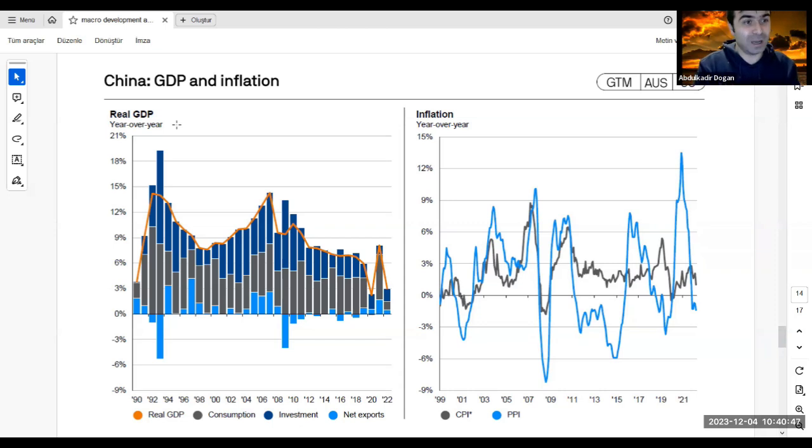This is huge, and this is a marvelous economy. For that reason, as you see, the orange line here shows the real GDP process for the Chinese economy, the black bar shows the consumption, the dark blue is the investment, and the next is export. Even during the COVID process, there is no shrink for the Chinese economy. Please look at this picture.